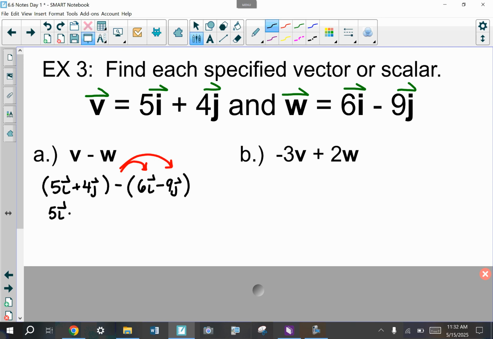If it takes you 2 steps to do it, great. If it only takes you 1 step, that's great too. So hopefully it makes sense that we would be combining the i's together. That would give us -1i or -i, you could do either way. And then we would combine the j's together, so 4 plus 9 would be 13j.